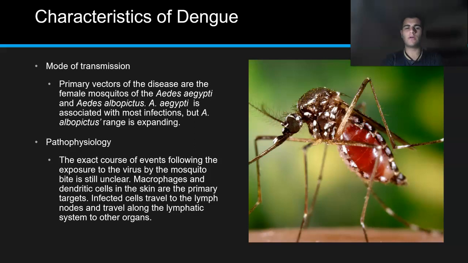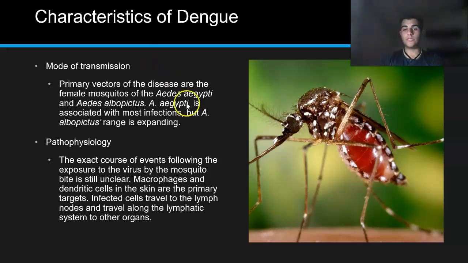For the pathophysiology of dengue, it's still a little unclear. There hasn't been much research on the mode of physiology that the virus shows. But we do know the macrophages and dendritic cells in the skin are the primary targets. The infected cells travel to the lymph nodes and along the lymphatic vessels to other organs.